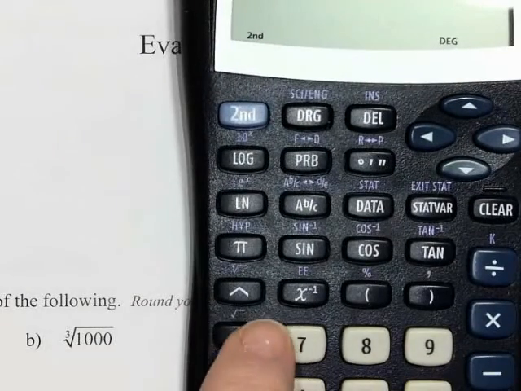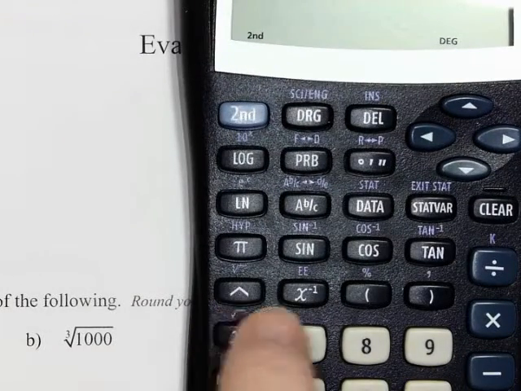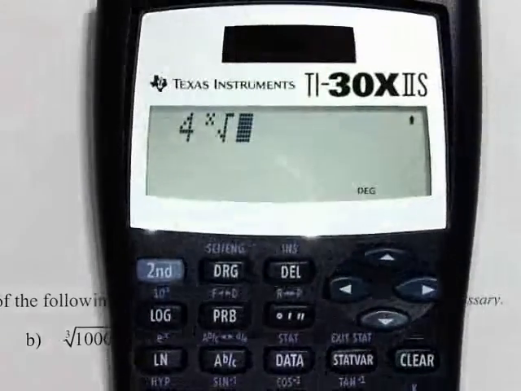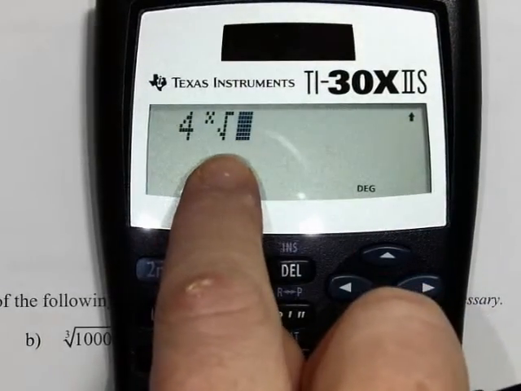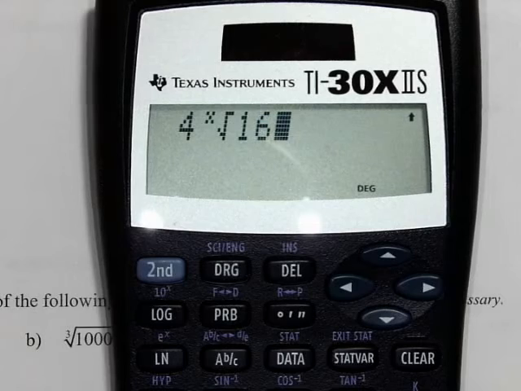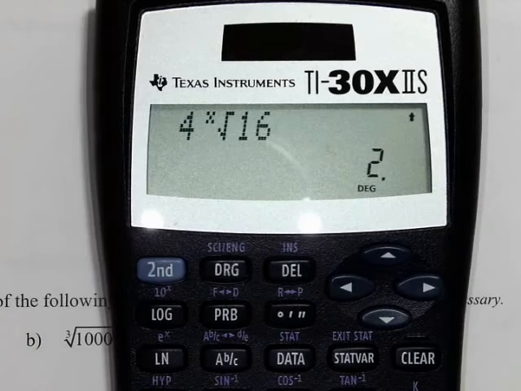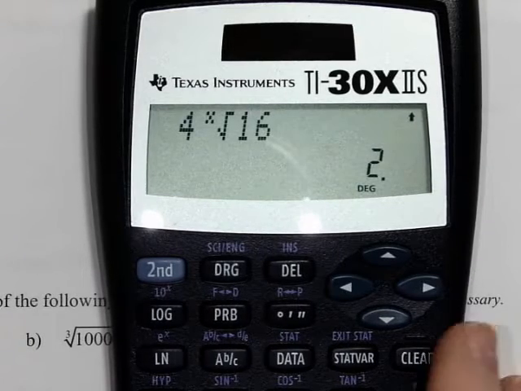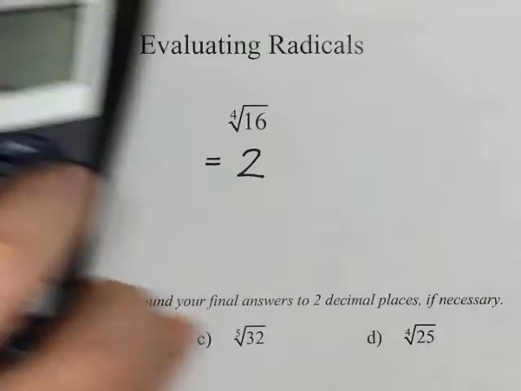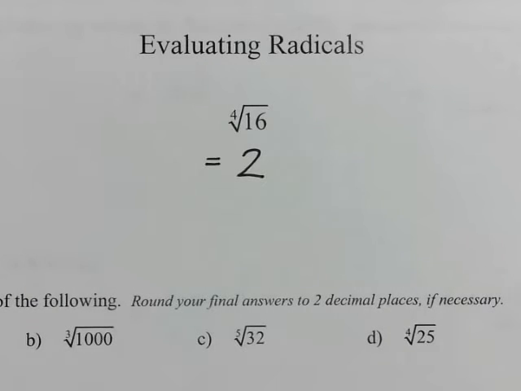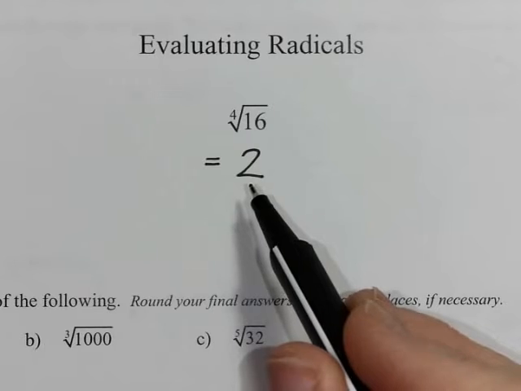On this one, my exponent button is the caret, the little up arrow. You'll notice that the root showed up, and then I would put in 16 equals, and I also got 2. So on both of those calculators, I did it by using the second function of my exponent button. Okay? Either way equals 2.